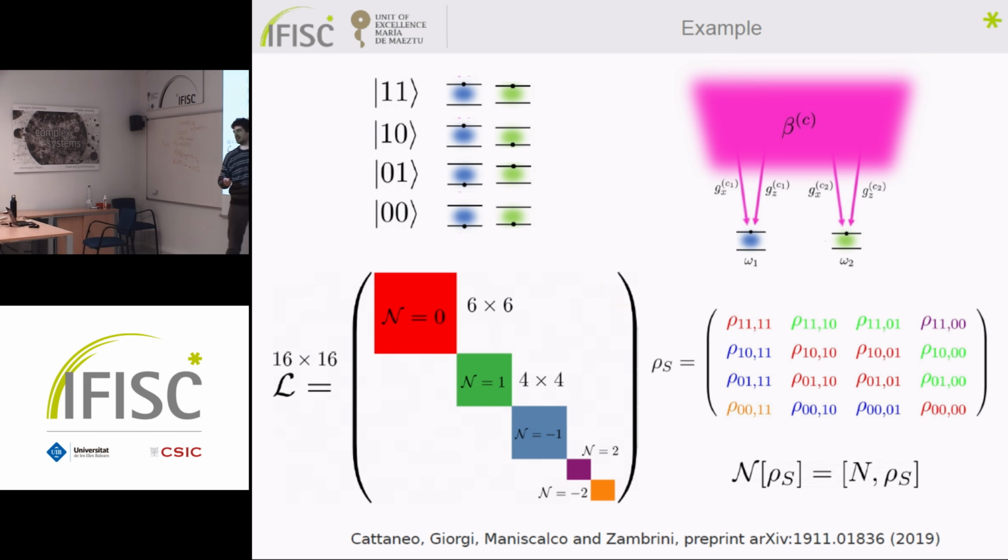It's a linear map defined like this, with a commutator, and it has those rules. If you check, it connects these parts of the density matrix.